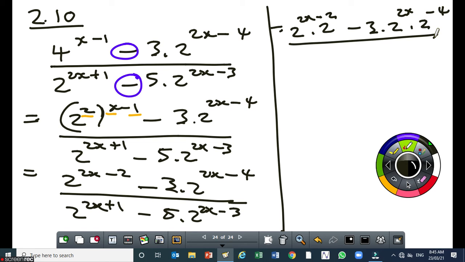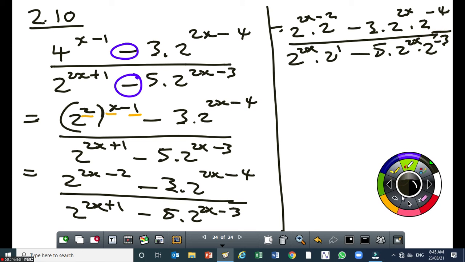My denominator is going to be 2 to the power of 2x times 2 to the power of 1, minus 5 times 2 to the power of 2x times 2 to the power of minus 3.